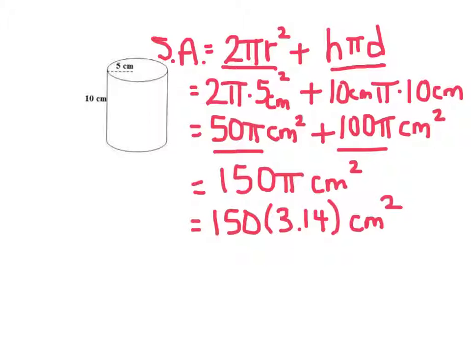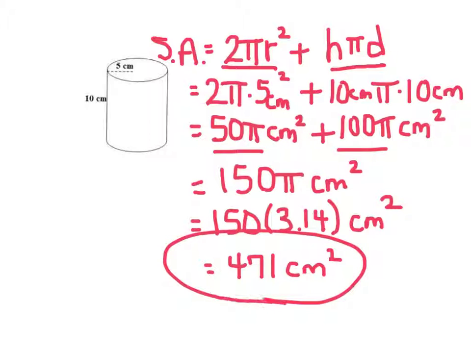And that comes out to be 471 square centimeters. And that's it. Okay, now that can look a little intimidating when you see that big formula and all these numbers, but if you break it down step by step and just take your time, it's not really that difficult. You should be able to do this.